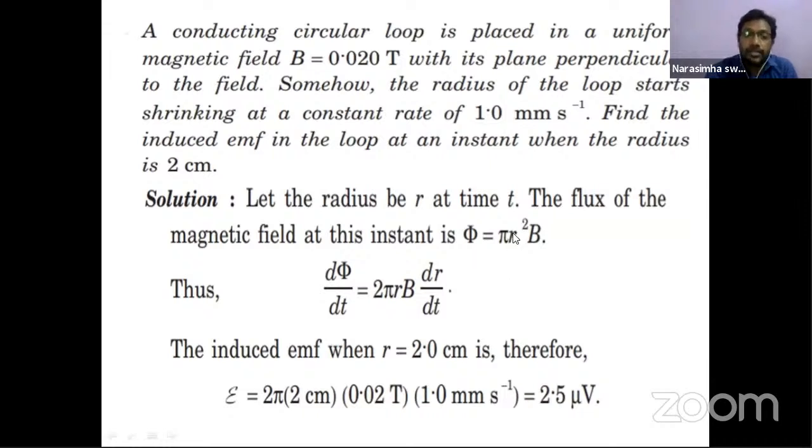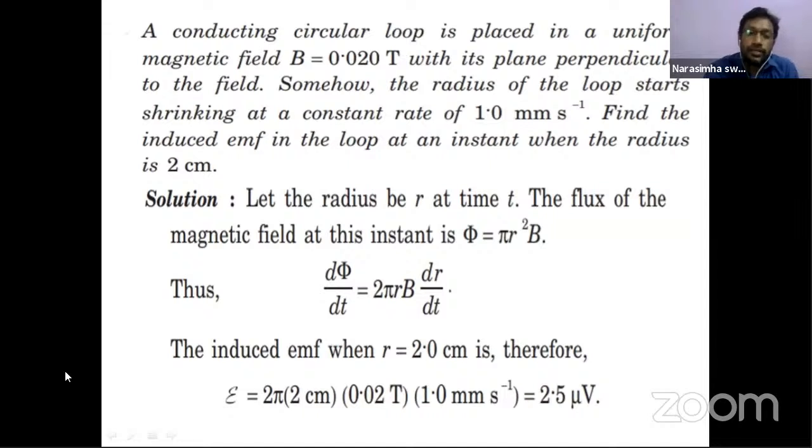Because r is changing, remember, with respect to time, so there is dr by dt. The shrinking radius is changing at a rate per second. So the dr by dt value is given, the B value is given, 2 pi we know, and the r value is given. Yes, we can calculate the induced EMF, right?